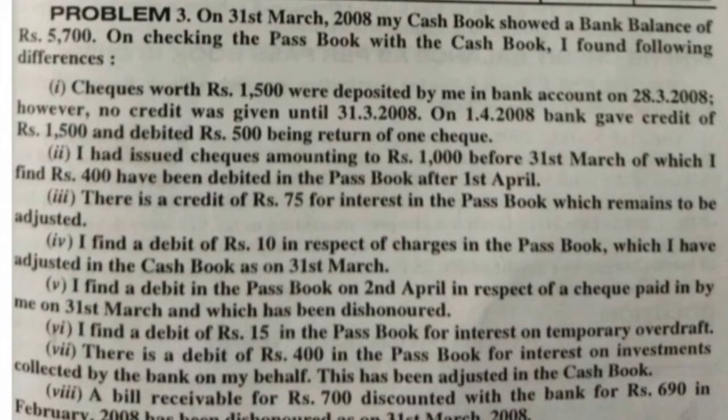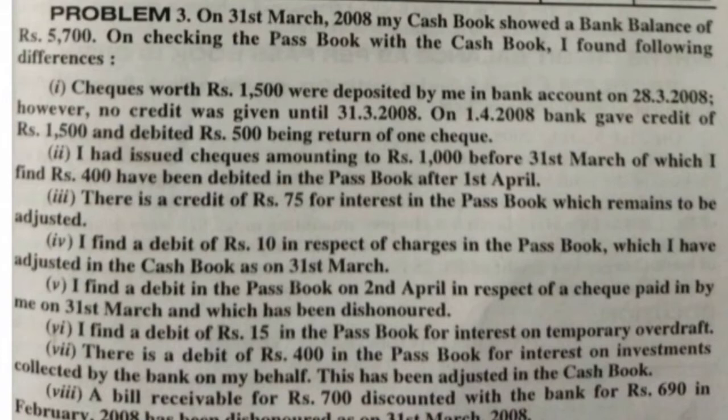If we would have added 1500 to the passbook in the month of March only, the passbook would be showing the increased balance by rupees 1500, but that has not happened in March. It is getting added in the month of April, that is on April 1st. So in March, the passbook is showing the reduced balance by rupees 1500.